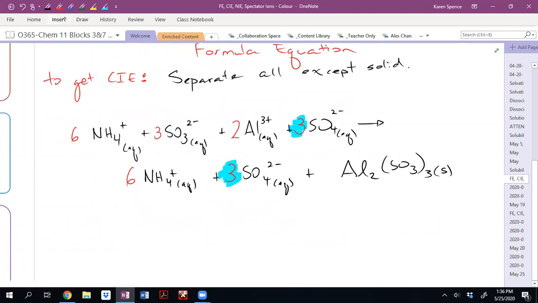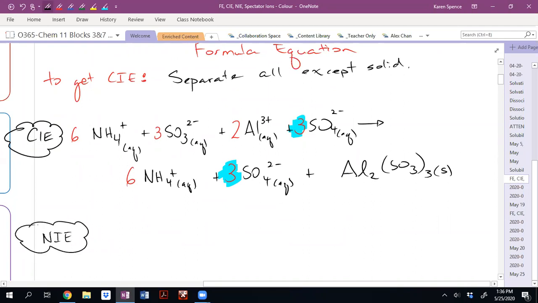Who would our reactants be in the net ionic equation?